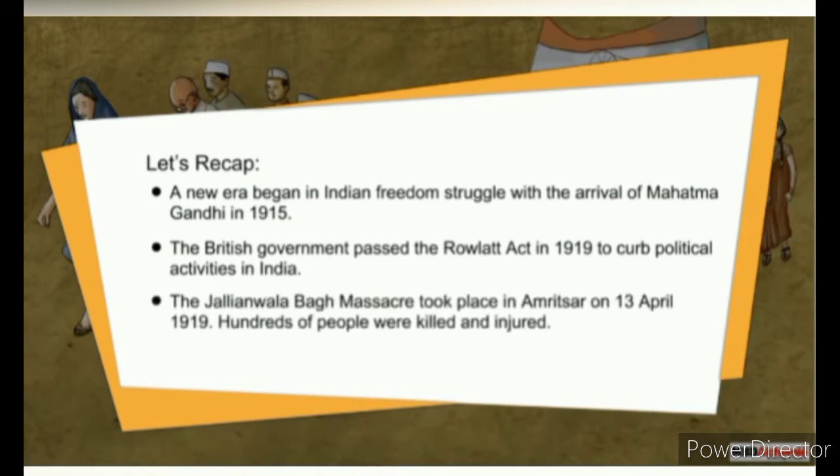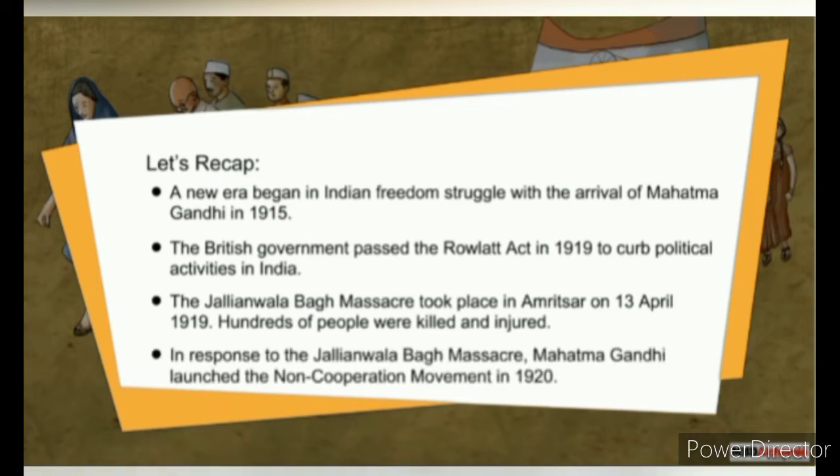The Jallianwala Bagh massacre took place in Amritsar on 13th April 1919. Hundreds of people were killed and injured. In response to the Jallianwala Bagh massacre, Mahatma Gandhi launched the non-cooperation movement in 1920.